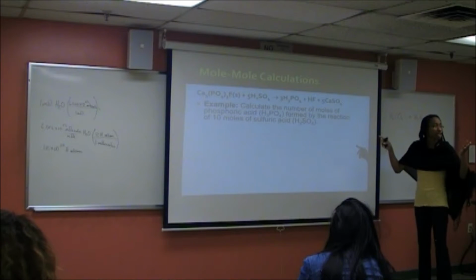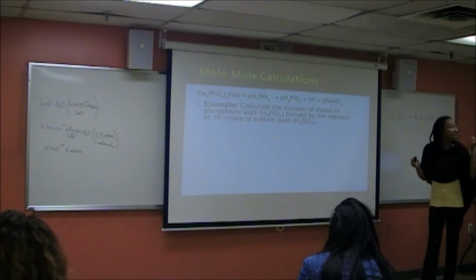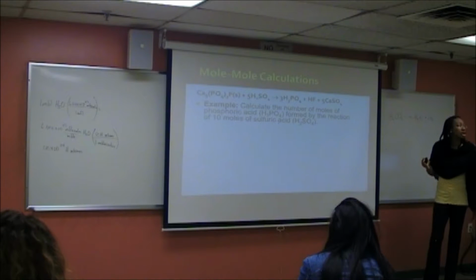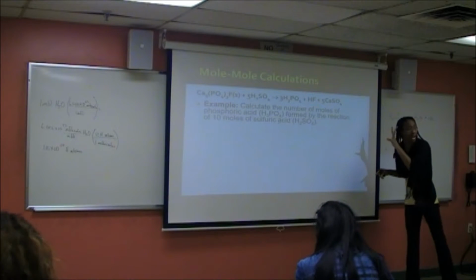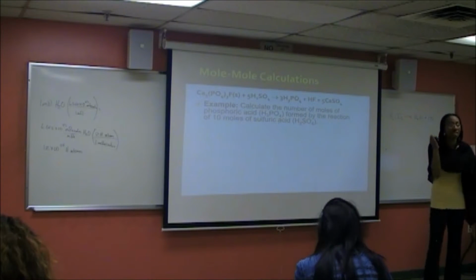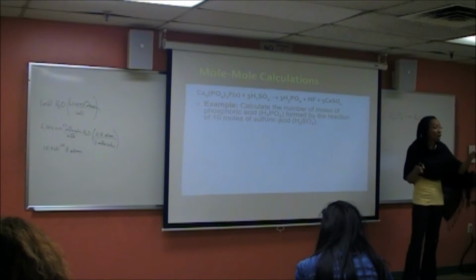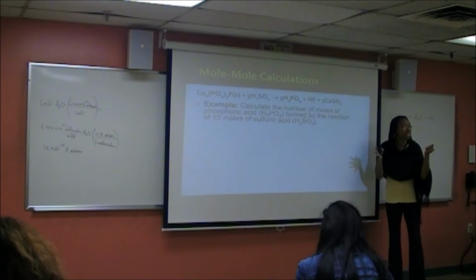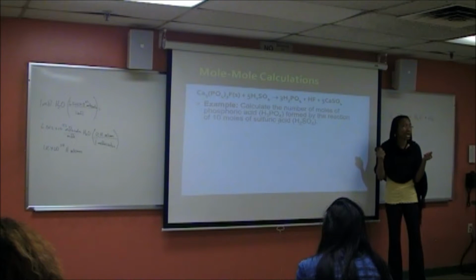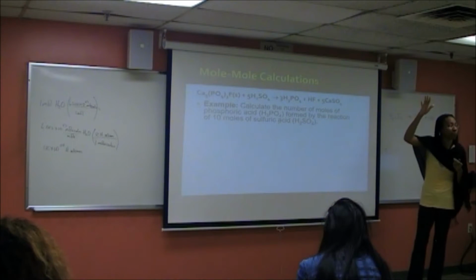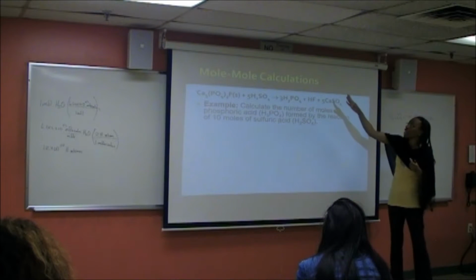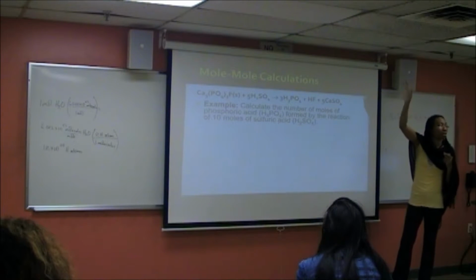You're given 10 moles of sulfuric acid. That goes on the outside. So now what goes inside your brackets? The ratio of phosphoric acid to sulfuric acid. Which one goes on top? Phosphoric acid.